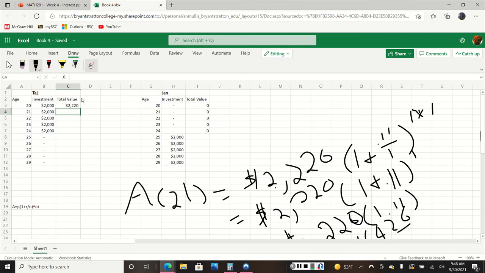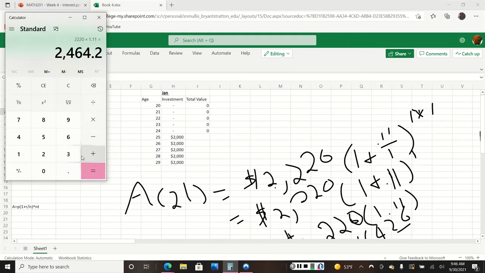But because we made an investment, the 2,000 investment, we invested 2,000 again for our 21st when we were 21. So we would have to add that $2,000 of investment.